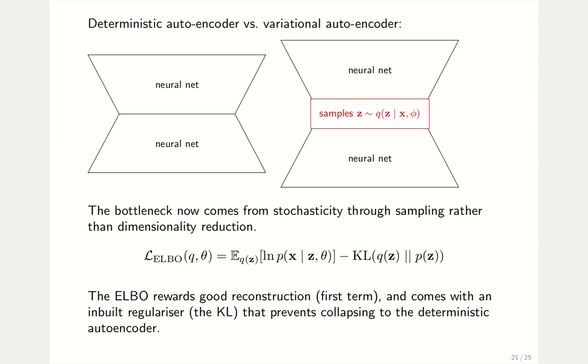Now, we're almost done with this lecture, and I would like to use the remaining slides to convince you why the variational autoencoder was so well received within the research community. And to do that, I'm going to compare it to a deterministic autoencoder. And you may remember the deterministic autoencoder from the neural network lecture.